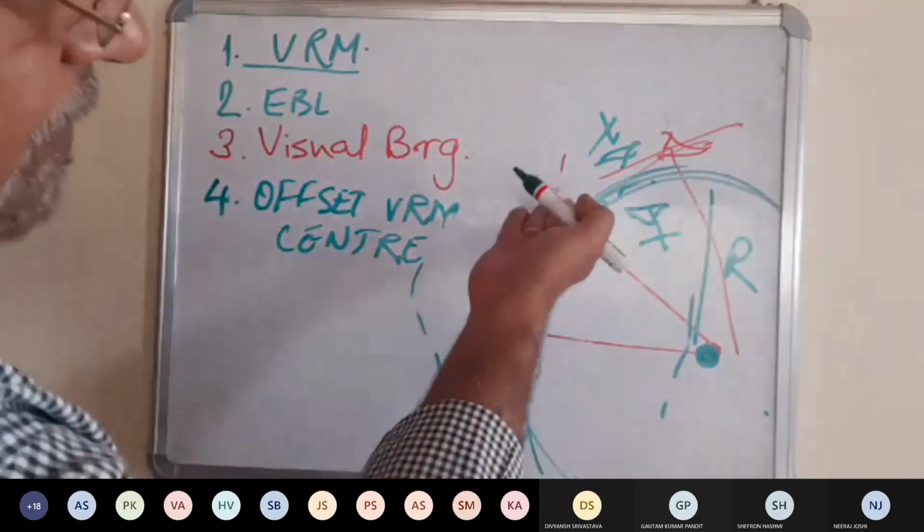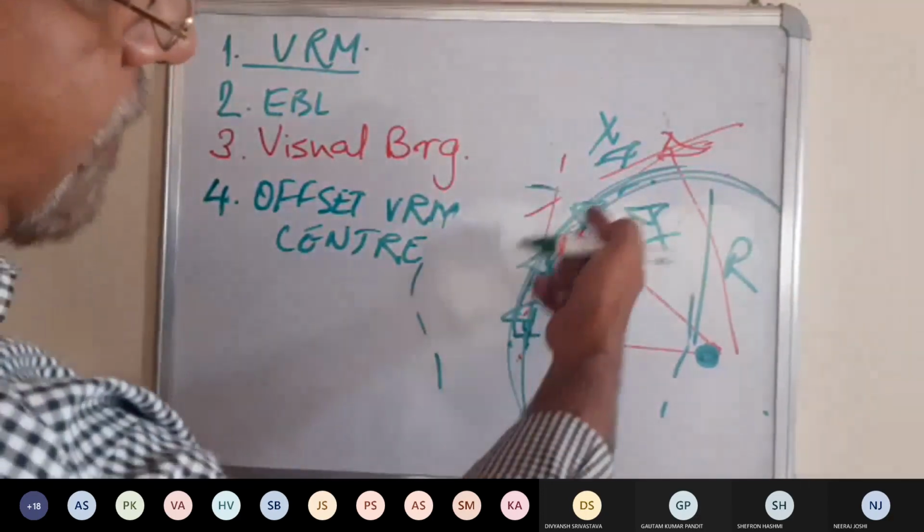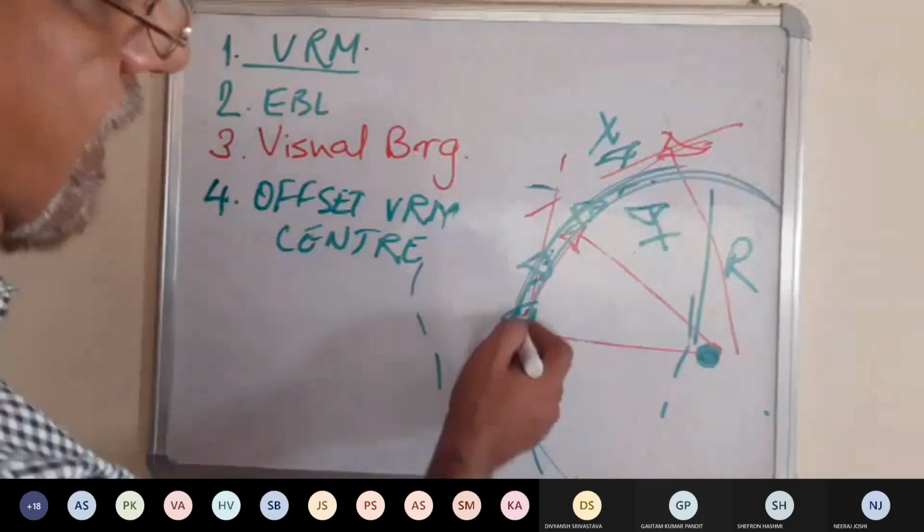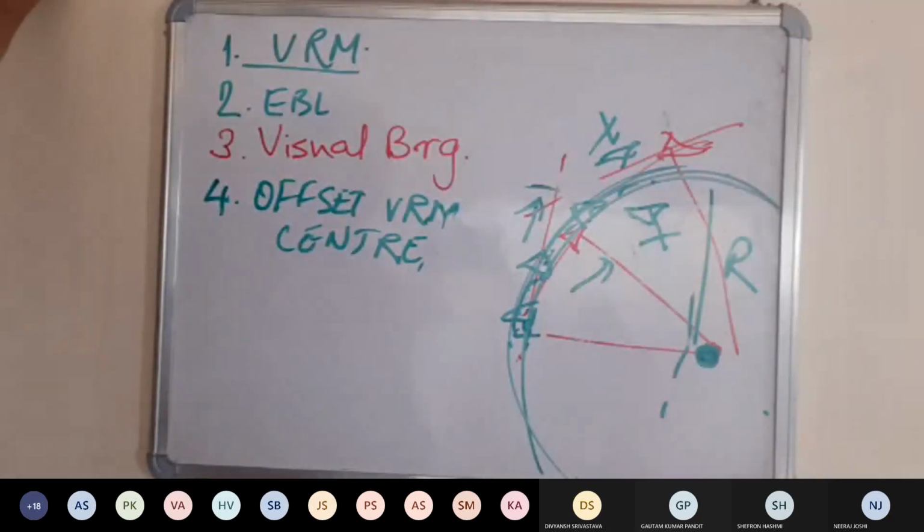We have a marked passage जिसमें मेरे पास इंडिकेशन है कि मुझको जहाज कहाँ रखनी है। इधर को जाता है ROT बढ़ाइए, इधर को जाता है ROT कम कीजिए, सिंपल एज दैट। अंडरस्टूड?